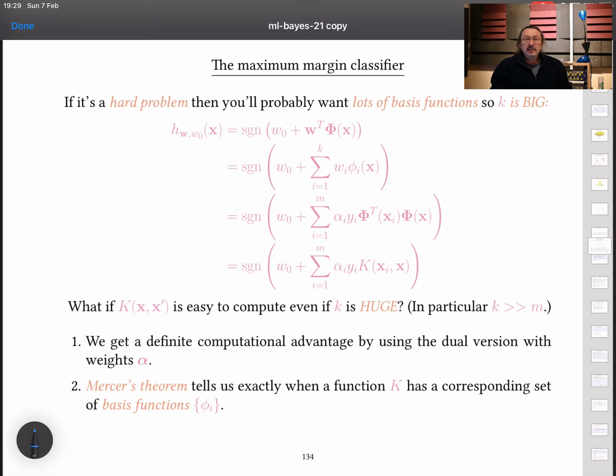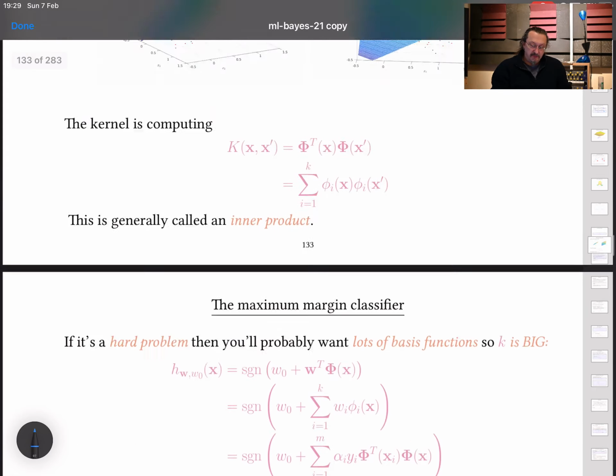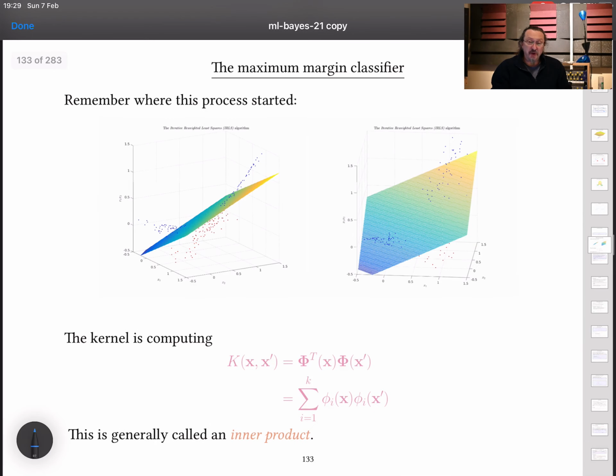Let's say we're actually dealing with a hard classification problem. We're not just dealing with the toy data as I was previously. It's not just a couple of classes that split into two clumps each in such a way that you can't draw a line between them. Let's say that this is a real big, gnarly, nasty, applied two-class classification problem.